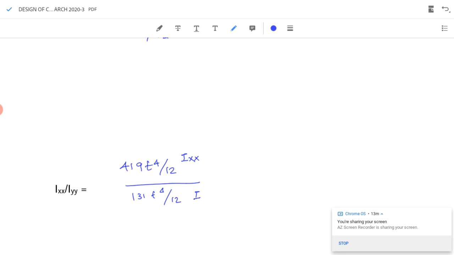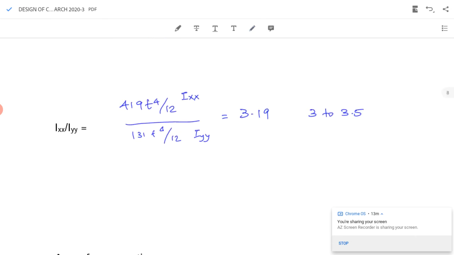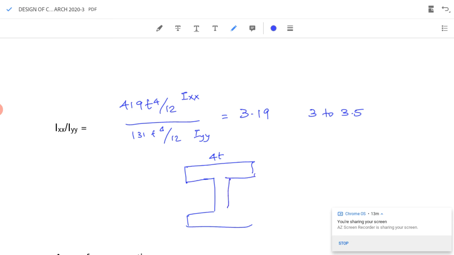You will get that value equal to 3.19, and since this value is between 3 and 3.5, the selected section can be used. So my section will have base 4t and height 5t.